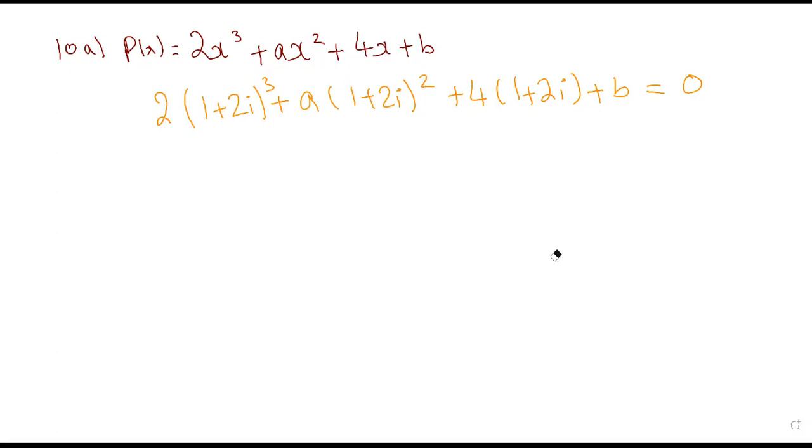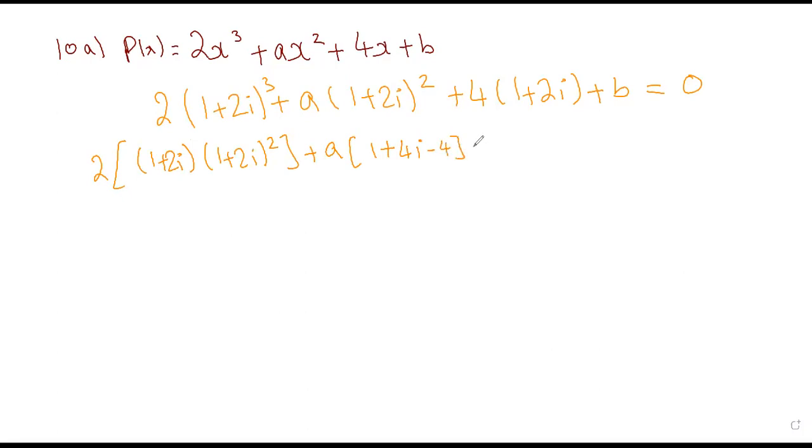Okay, and how do we calculate it? So it is 2 and then 1 plus 2 iota, then 1 plus 2 iota square plus a into a square plus 2ab, and then plus b square, it would become minus 4, right?